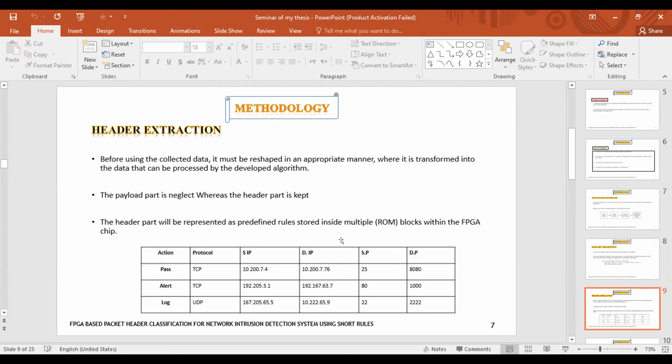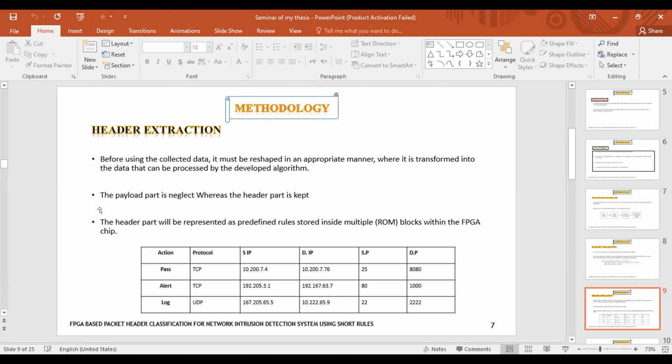After we collect the dataset, we want to extract just the important, useful data from it. Before using this data, it must be reshaped in an appropriate manner, transformed into data that can be processed by the developed algorithm.